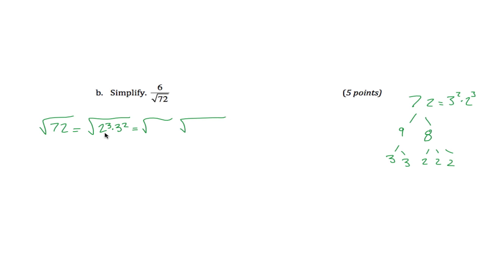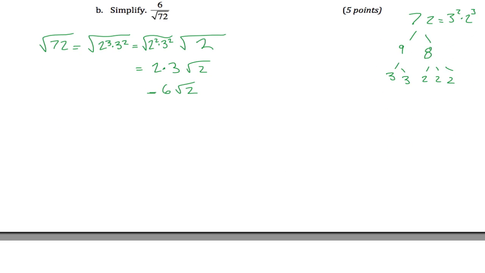Under the good radical here, I could put 2 of these 2's and both of these 3's, and I'm left with just a 2 over here. So what I get is 2 times 3 root 2, or 6 root 2.